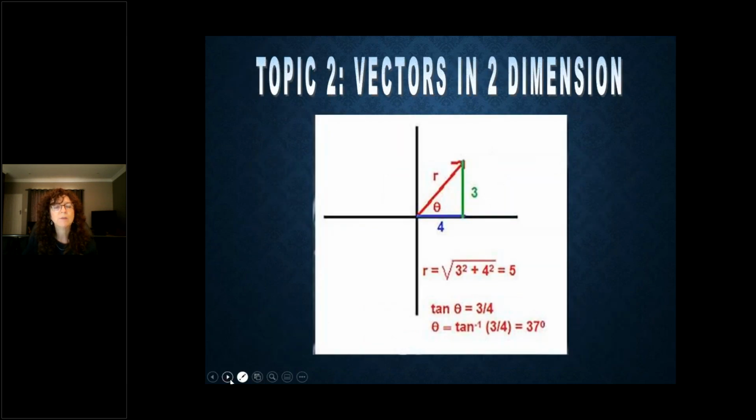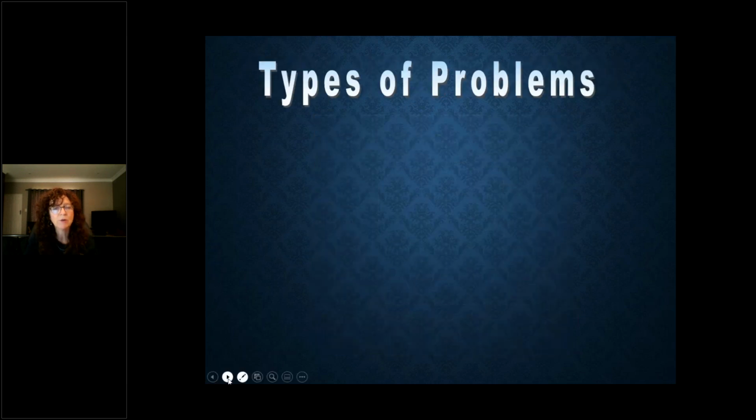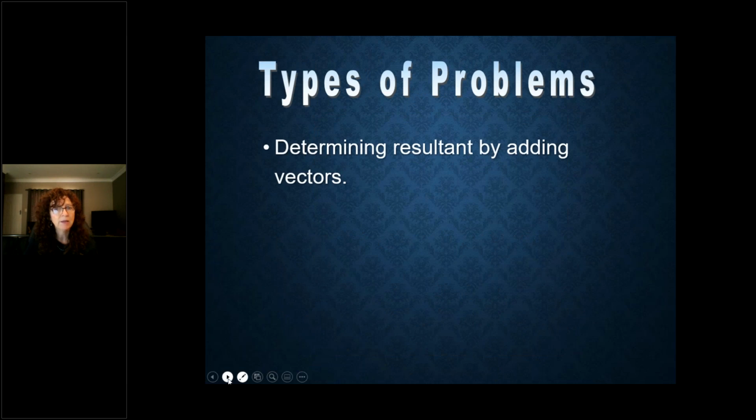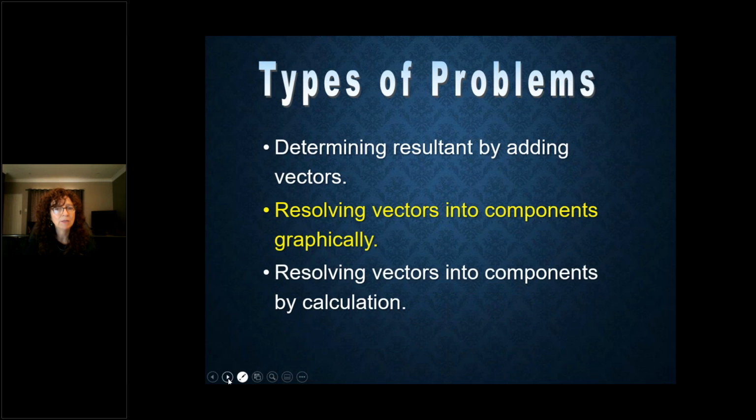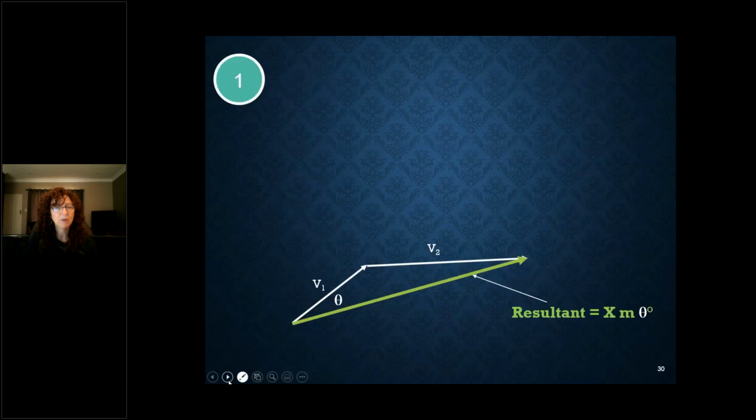Right. So vectors in two dimensions, most of the vectors that you're using will be in different directions. Types of problems: you have to determine the resultant by adding vectors graphically and into components by calculation.